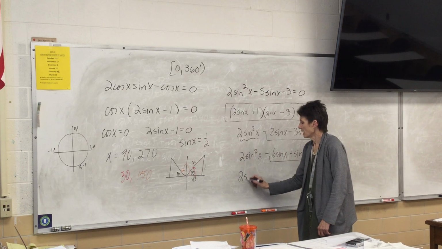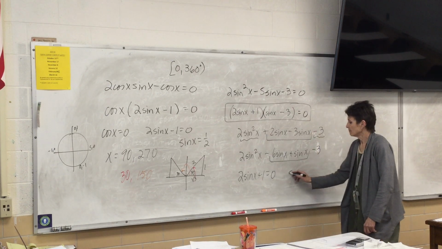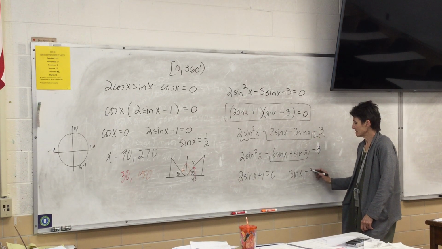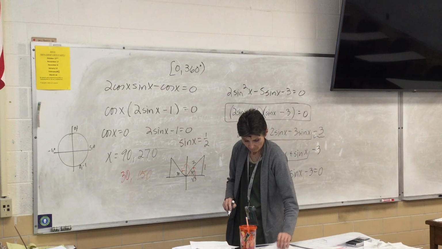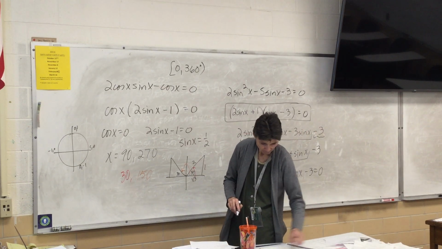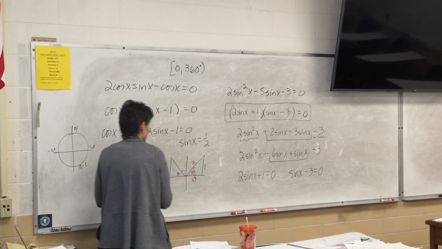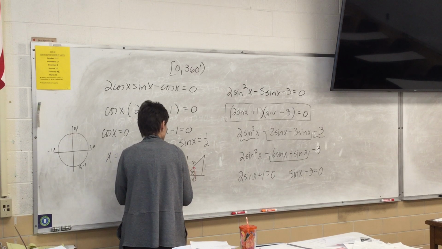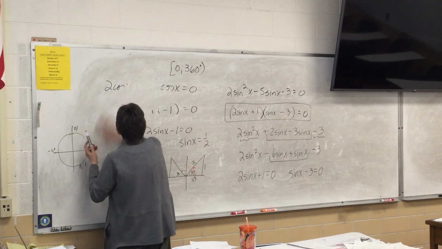So 2 sine plus 1 equals 0, and sine minus 3 equals 0. All right, so that first one says that sine x equals -1/2.